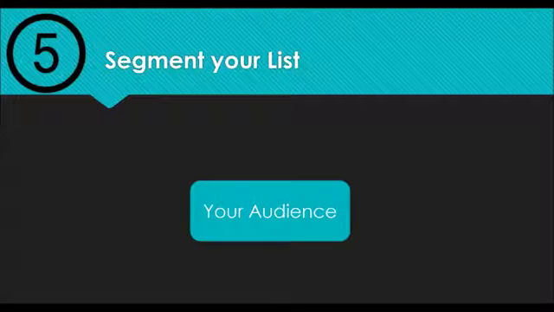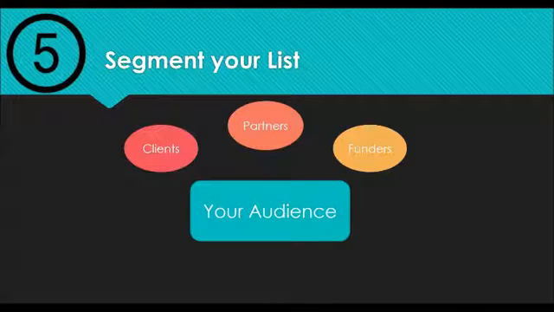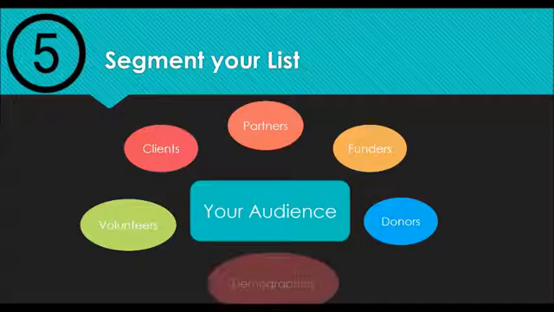Okay, chances are your audience, the organization's audience, is varied, okay? You have clients and partners and funders and volunteers and donors and different demographics, which might include different ages, different genders, and so on, different geographical locations.